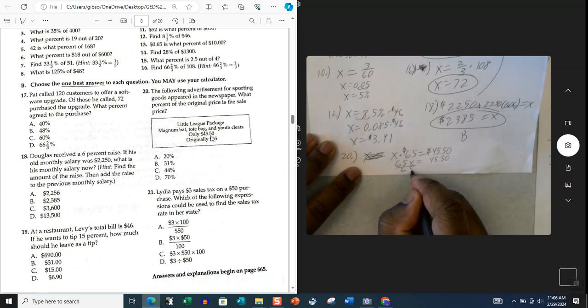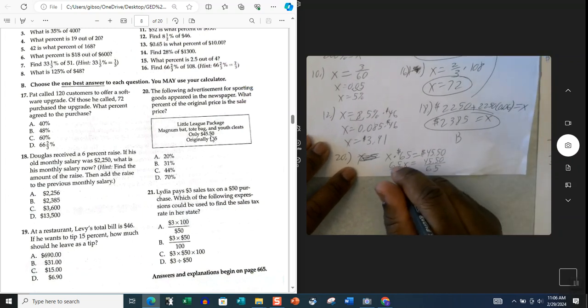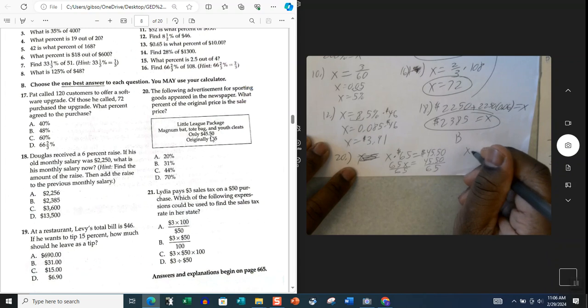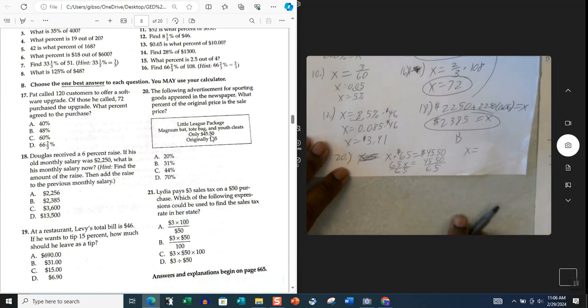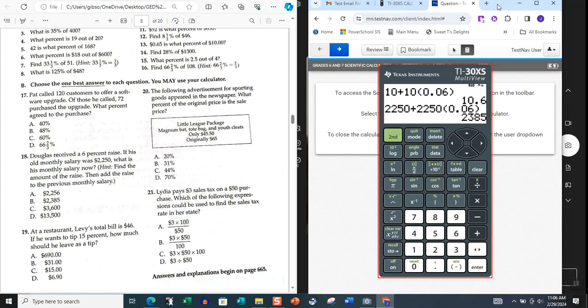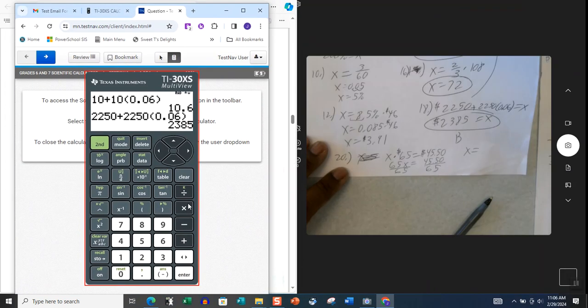We divide each side by 65. And then X is equal to, so we have to put this in our calculator. Let me move the calculator over here.